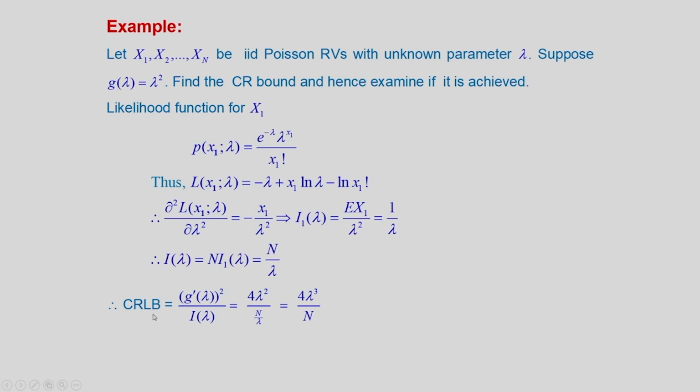Therefore, the Cramer-Rao lower bound (CRLB) is equal to g dash lambda square divided by I lambda, that is equal to 4 lambda square, because if we take the derivative, this will be 2 lambda, squared will be 4 lambda square, divided by n by lambda, and that is equal to 2 lambda cube by n. This is the CRLB for any unbiased estimator of g of lambda.